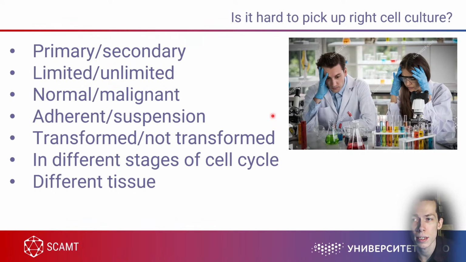So all of this is connected with cell cultures, and cell cultures, as I mentioned, can be adherent or suspension cell cultures. Adherent is a monolayer, so it's a 2D cell culture, on a surface. Suspension cell culture is in volume, but it's separate cells.